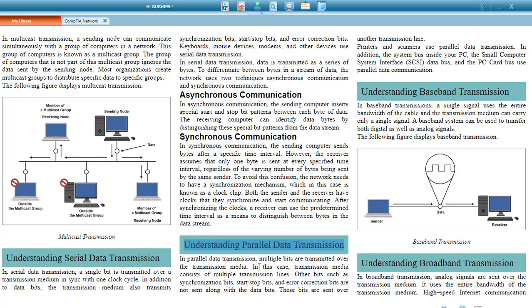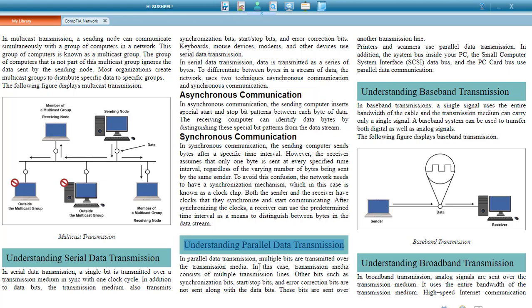Understanding parallel data transmission. In parallel data transmission, multiple bits are transmitted over the transmission media. In this case, transmission media consists of multiple transmission lines. Other bits such as synchronization bits, start/stop bits, and error correction bits are not sent along with the data bits.